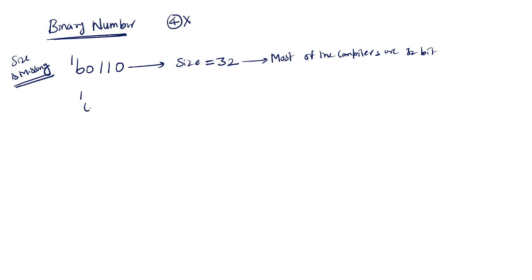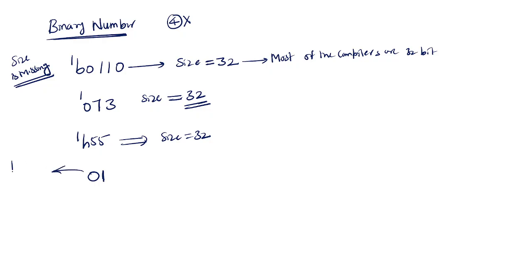Suppose you take an octal number also, 'o73. What is the size? You have not included any size. This will take 32 bit. And 'h55, what is the size? Size is 32 bit. And let us take 01. You have not mentioned any size, and you have not mentioned any base.